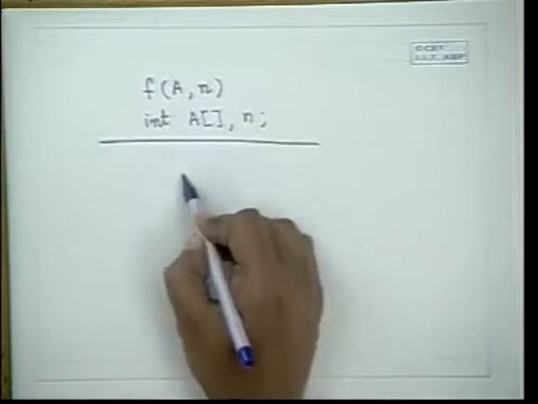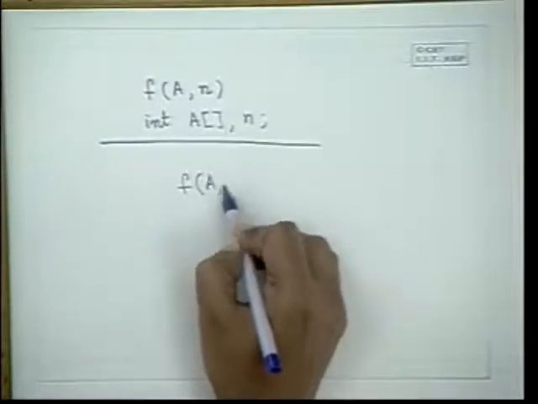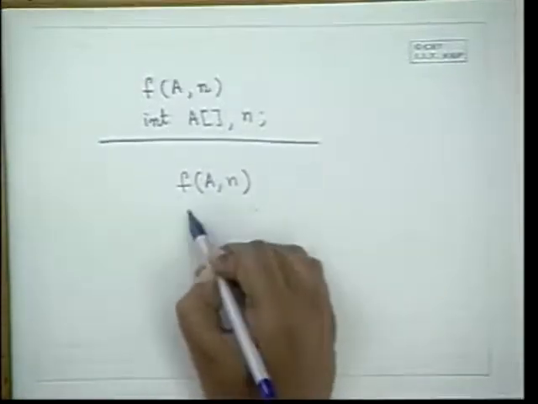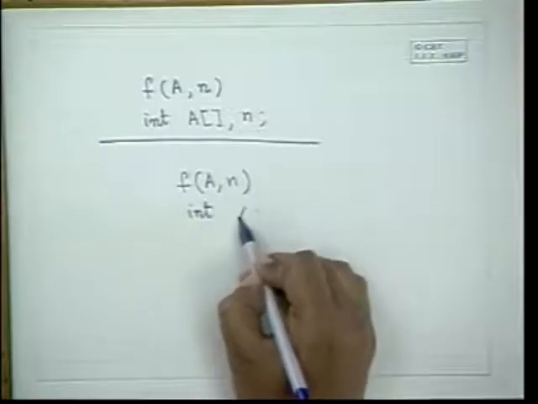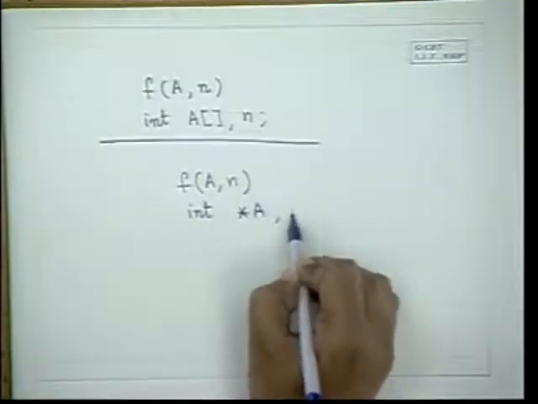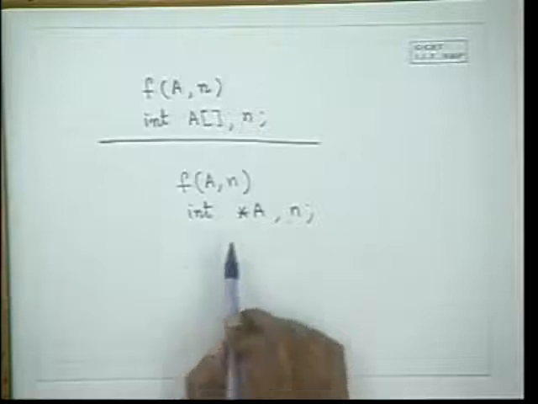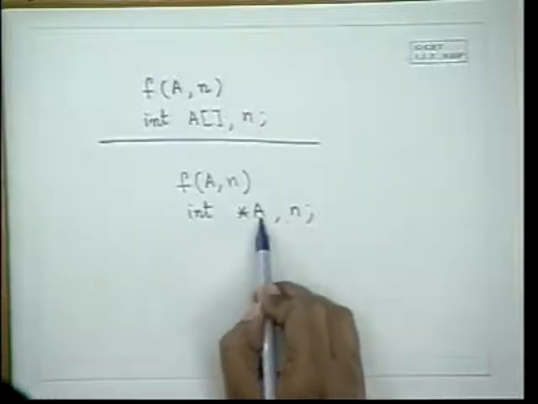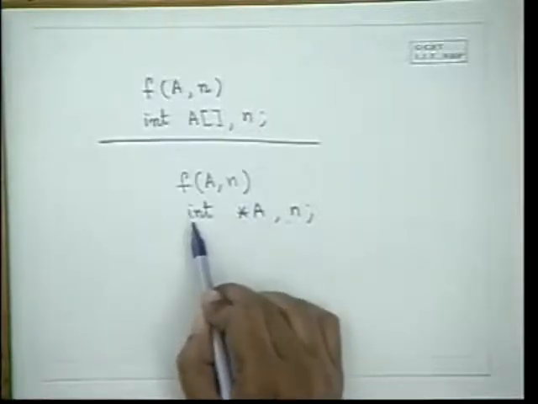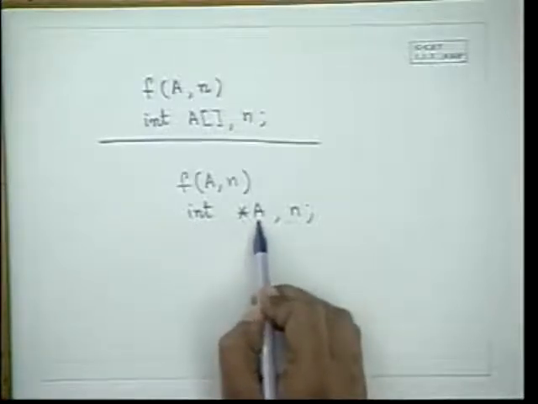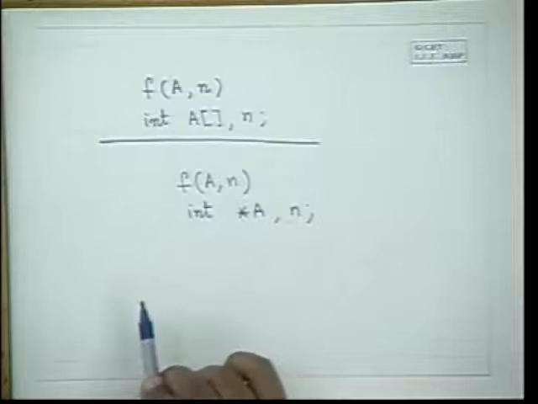Here you can also do f(int *a, n), which means that the content of a is an integer, and then with a plus 1 you will get the address of that location.